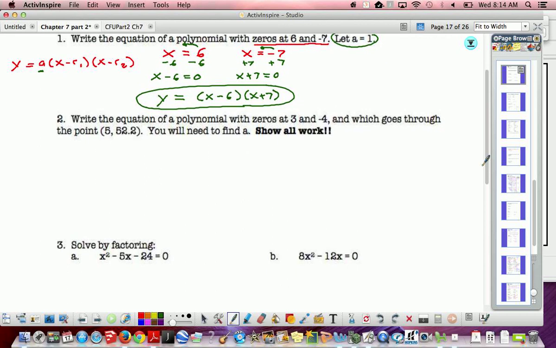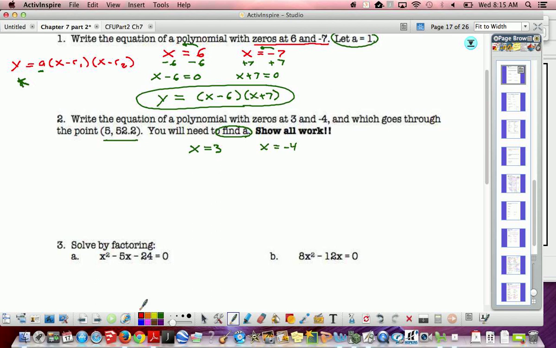Second one says write an equation to a polynomial with zeros at 3 and -4, which goes through this particular point, 5, 52.2. So on this one we need to find a. We're still using this formula up here. We first start with the zeros: x equals 3, x equals -4.